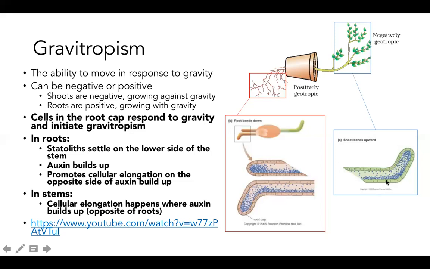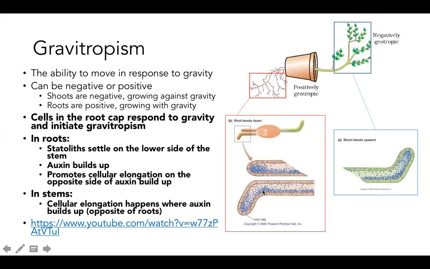Auxin starts to build up on the lower side of the stem. Where the auxin builds up is where cellular elongation happens, which is opposite to the way it works in roots.